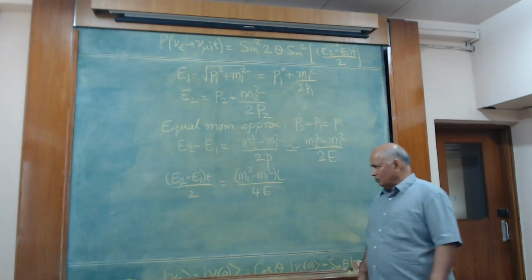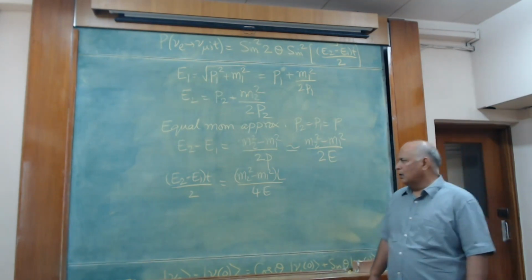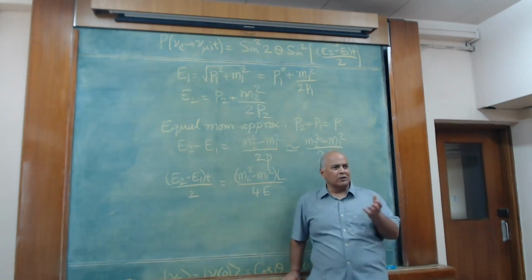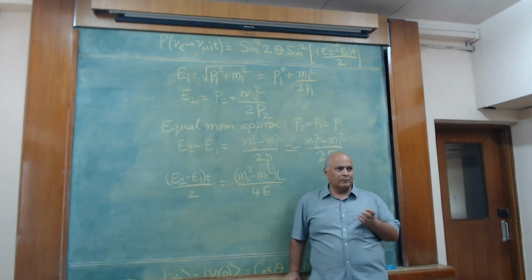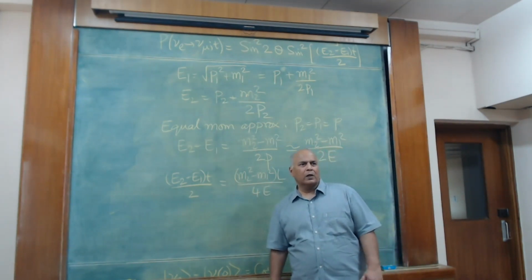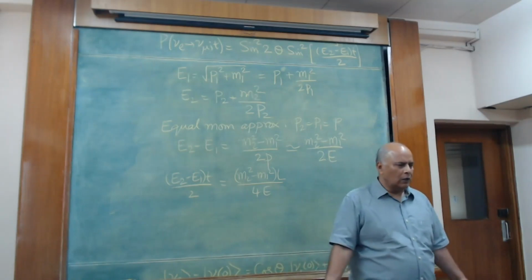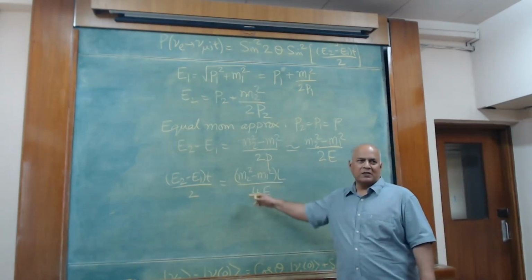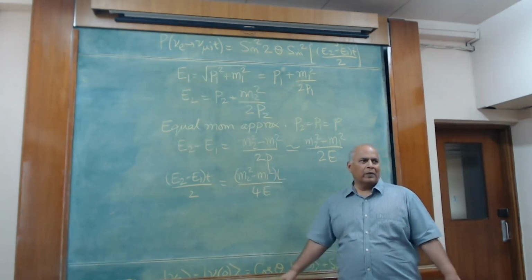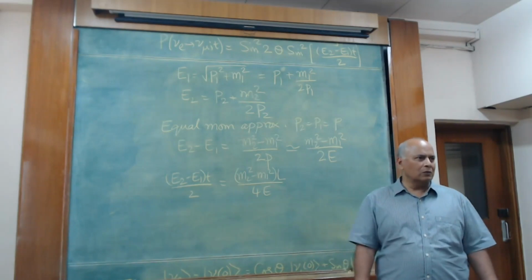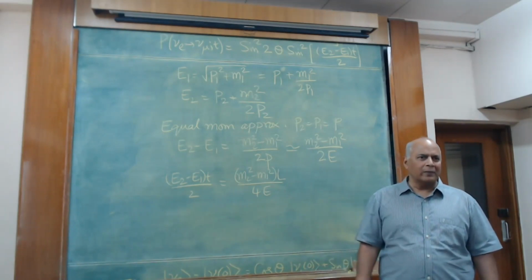And now this is appearing as the argument of a sine function, so it should be dimensionless. In natural units this is dimensionless, but we want to use regular units, so we have to restore dimensions.